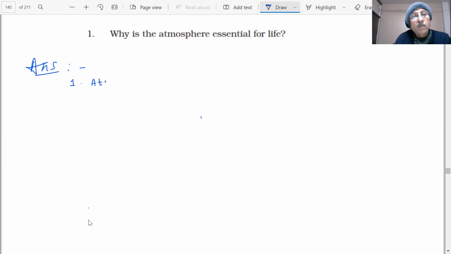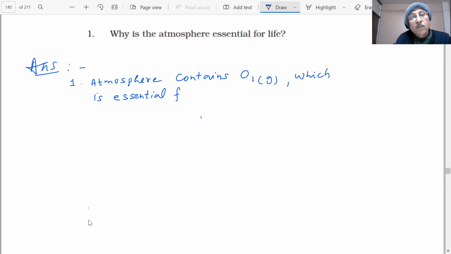First, you are saying atmosphere contains oxygen gas, which is essential for our life, for what we call breathing. You are breathing, I am breathing, which is essential for life.